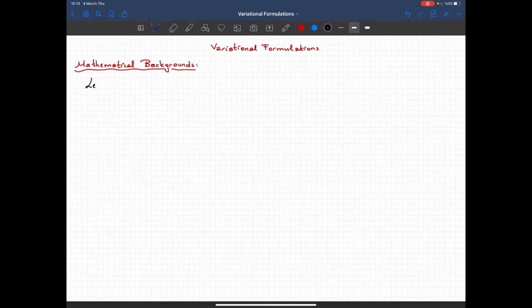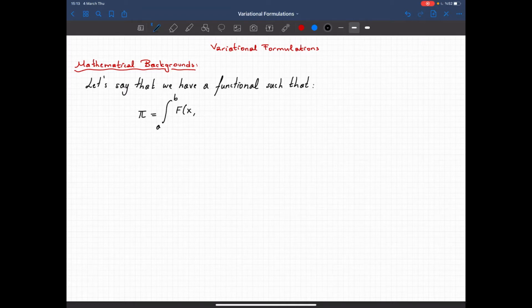Now, let's say that we have a functional. So that's the definition of a functional. We have an integral integrated within an interval, a function composed of x, f of x, we have a u and maybe the derivative of that u, dx.